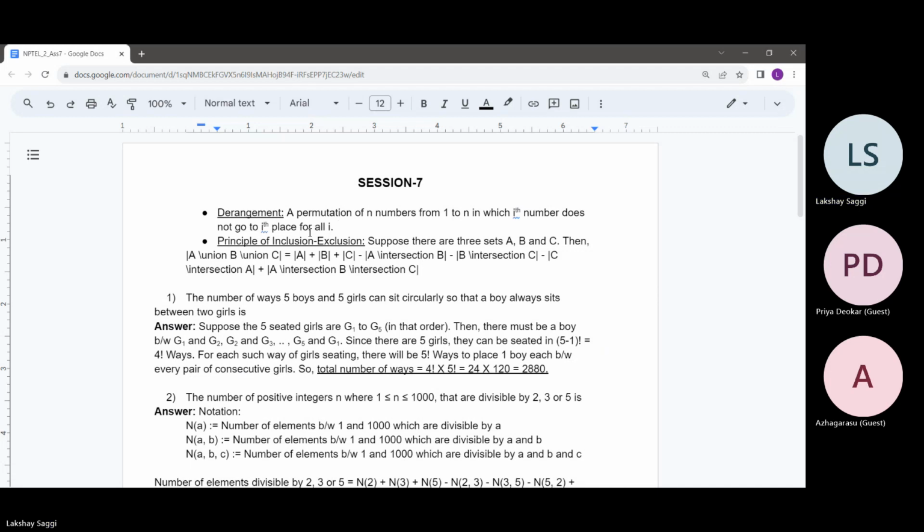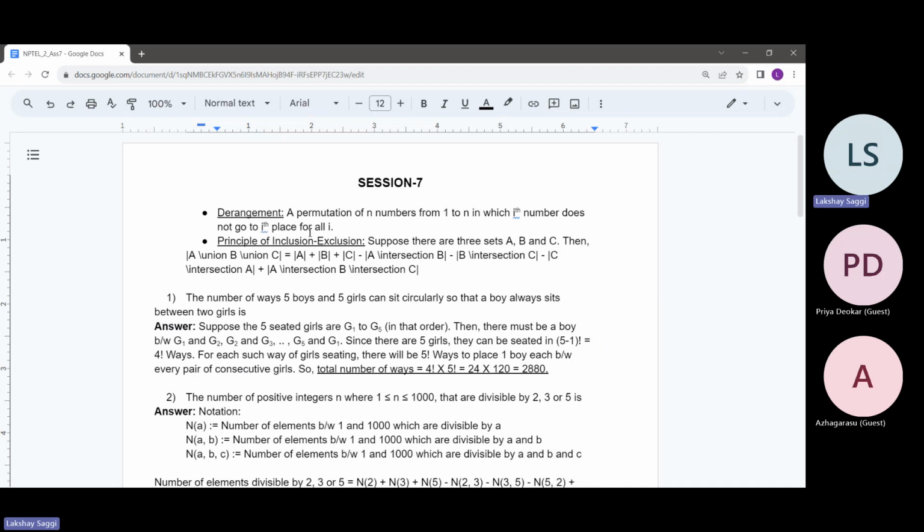Let's say there are only three numbers, 1, 2, and 3. Then the permutation 1, 3, 2 is not a derangement because 1 still goes to first place. Even though 2 and 3 don't go to second and third places, since 1 is still going to the first place, it will not be a derangement. What will be a derangement is, let's say, 3, 1, 2.